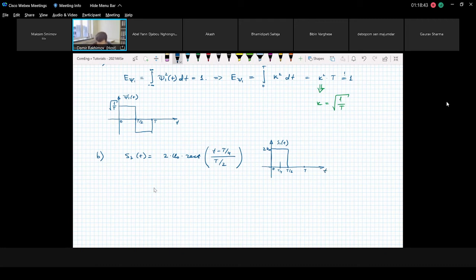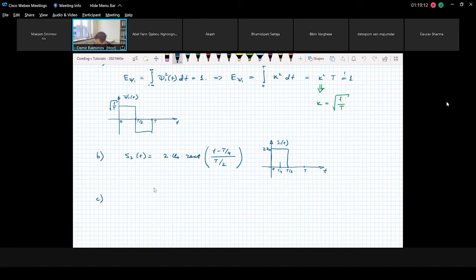Okay, great. And actually, that's all for part B. We just need to draw the signal. We come to part C, and we need to find a basis function psi2 in order to represent our first signal by means of vector S1 in the signal space.